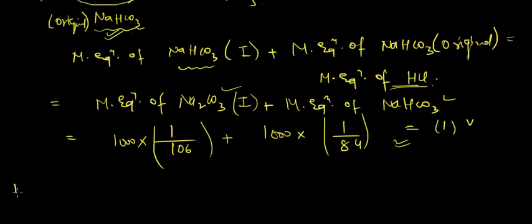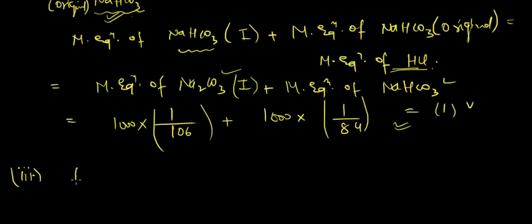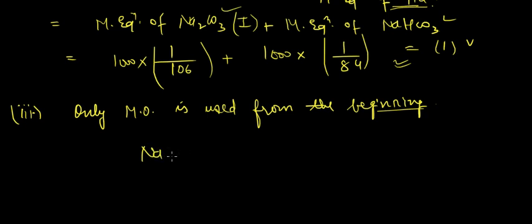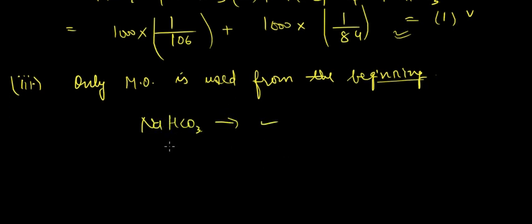Okay, so next, only methyl orange is used from the beginning. So from the beginning, how much volume of HCl is needed? If only methyl orange is used from the beginning, then that's a different story. The NaHCO3 which was originally present in the mixture would react with the acid, and Na2CO3 too.